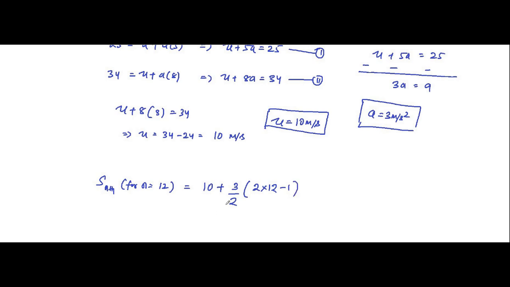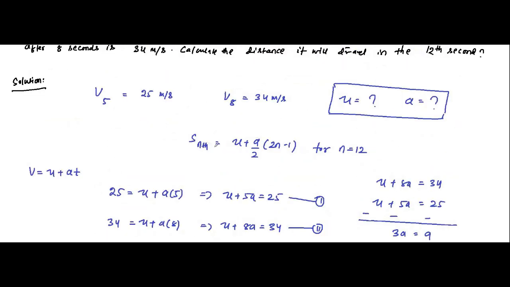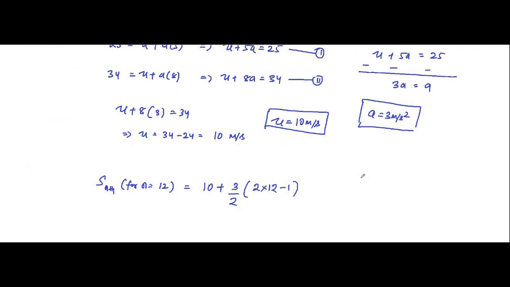You are simply substituting the values, that's it. That is equal to 10 plus 3 by 2 into 23, since 2 into 12 is 24, minus 1 is 23. So it is coming around 44.5 meters, s12.